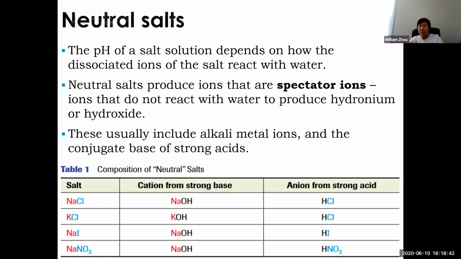What about the negatives? Well, if you are, get this, a conjugate base of a strong acid. A conjugate base of a strong acid means you're an acid, let's say HCl. You lost your hydrogen, so you've done your job as an acid. You donated a hydrogen.